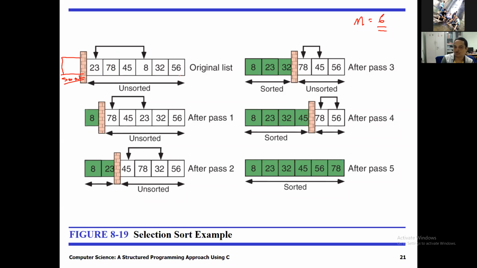Pick the smallest one. We are going for ascending order. Pick the smallest one from this list. The smallest one is 8. Put it at the beginning and swap it. So now 23 takes its position here, and 8 comes at the beginning and goes to the sorted part.